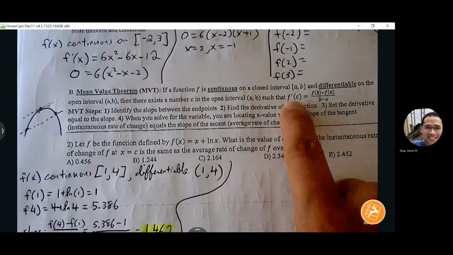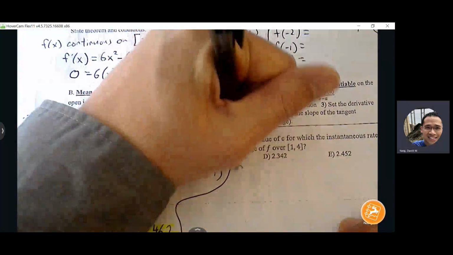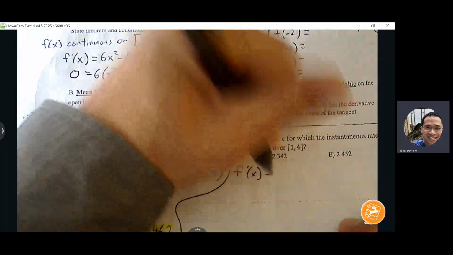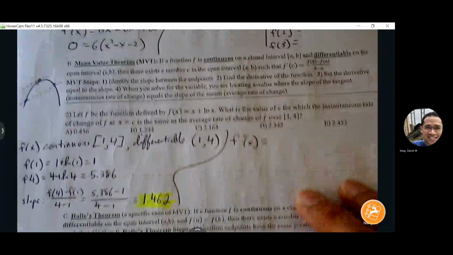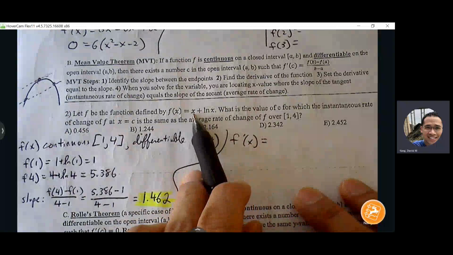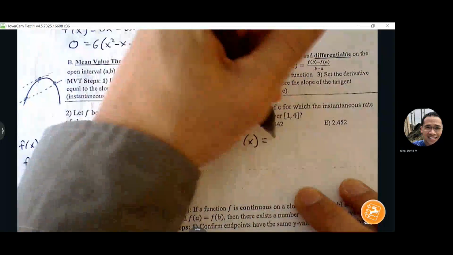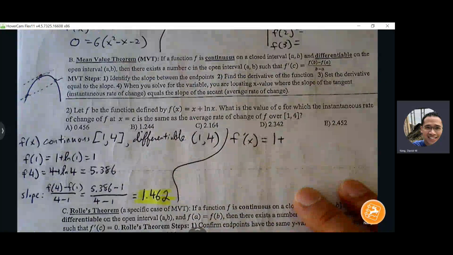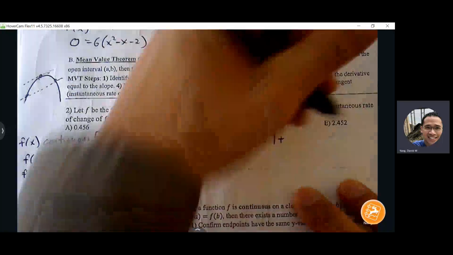Finding the derivative. Okay. So f prime of x equals 1 plus 1 over x, because x becomes 1 and natural log of x becomes 1 over x.